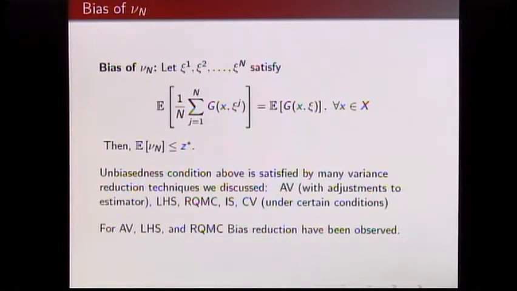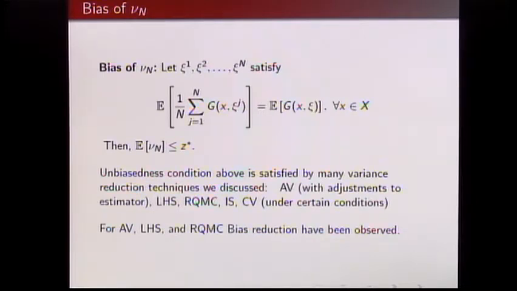So if you have a sampling scheme that basically gives you unbiased estimators, then you still will get the same optimization bias. It will still be present, theoretically.